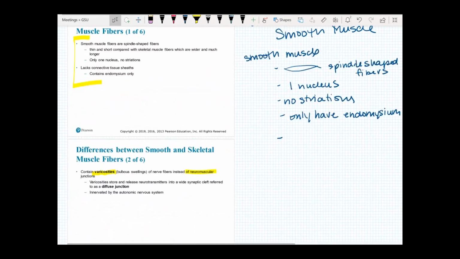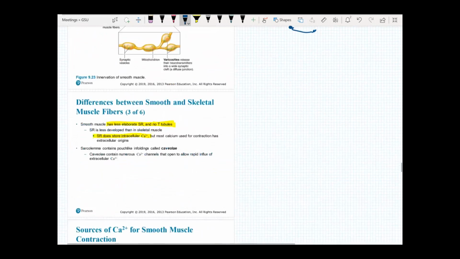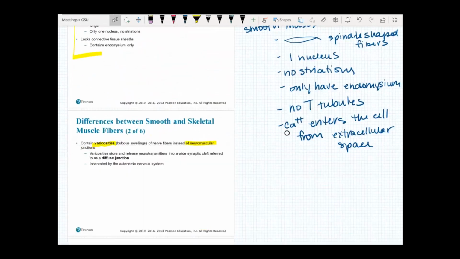So up here, another difference is that there are no T-tubules, therefore no triad. And the calcium will actually enter the cell from the extracellular space, rather than coming from the terminal cisterns of the sarcoplasmic reticulum. So that's another difference between smooth muscle and skeletal muscle, is where calcium comes from.